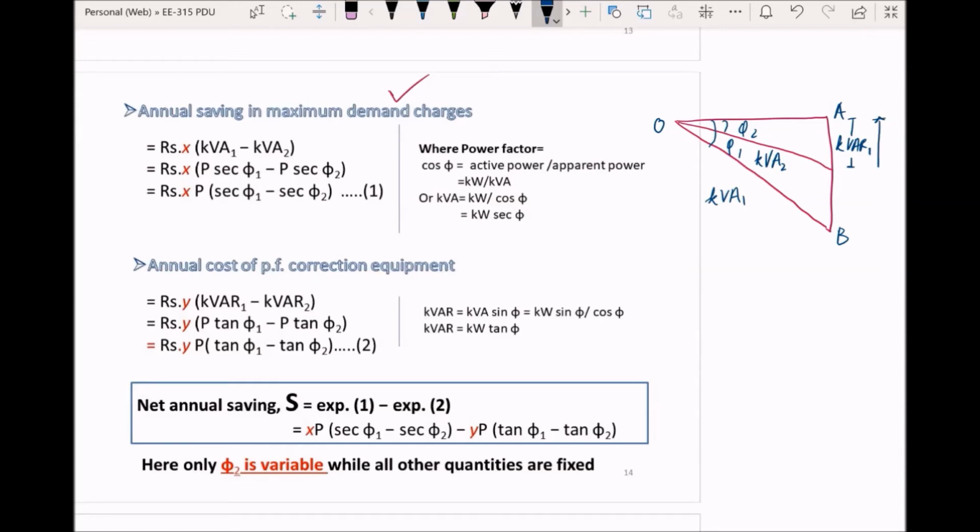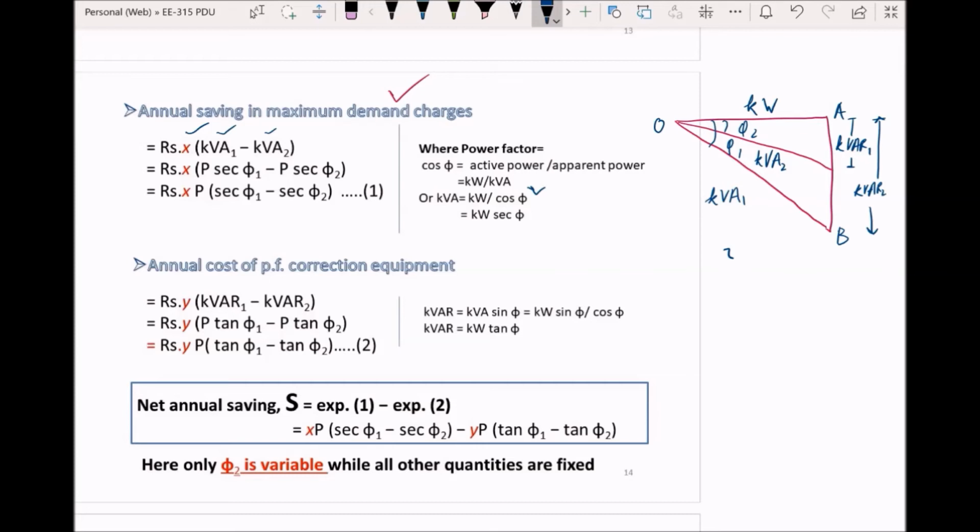And this is going to be kVAR2, and this will remain as kilowatt. With respect to the triangle, it will be equal to rupees X times the change in the kVA, or change in the apparent power, where kVA is equal to kilowatt divided by cos phi, which we learned from the power factor formula.